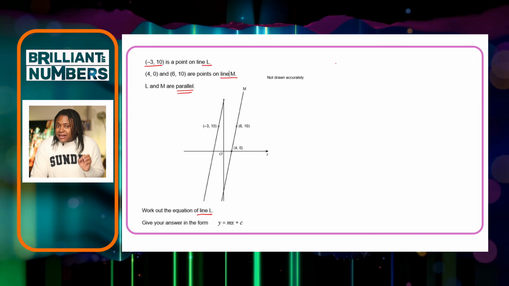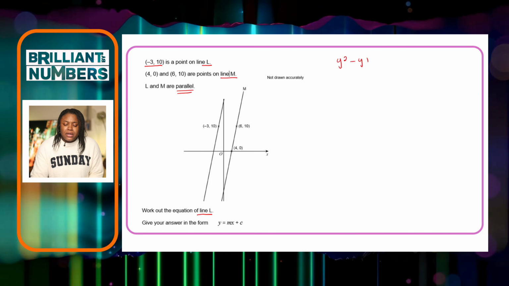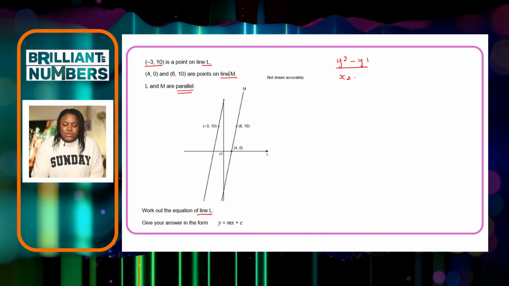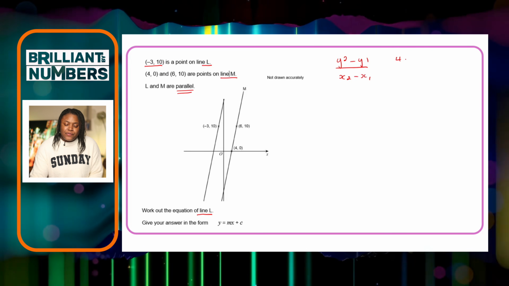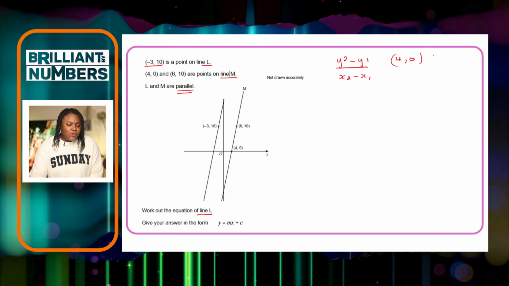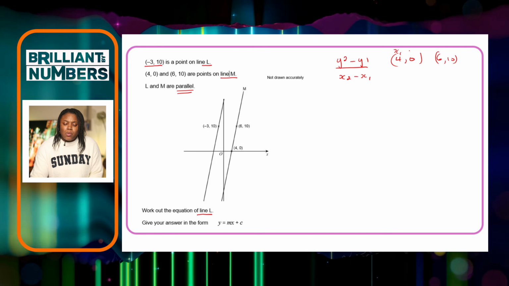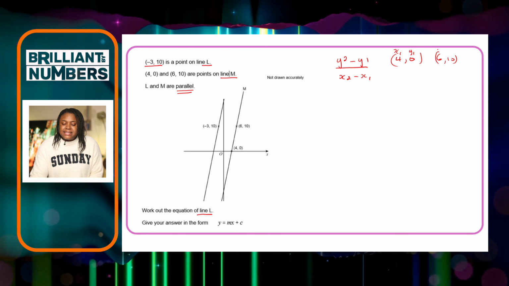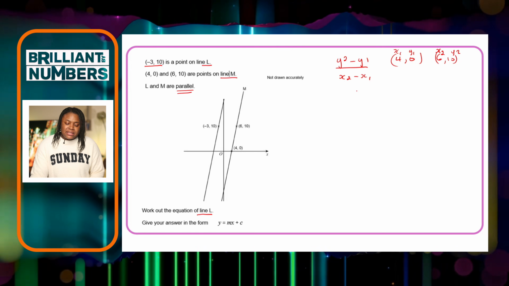So the gradient of a line is y2 take away y1 over x2 take away x1. So let's label up these coordinates. I've got 4, 0, and I've got 6, 10. So the first pair will be our 1s, x1, y1. Second pair, x2, y2. So let's substitute that in the formula.